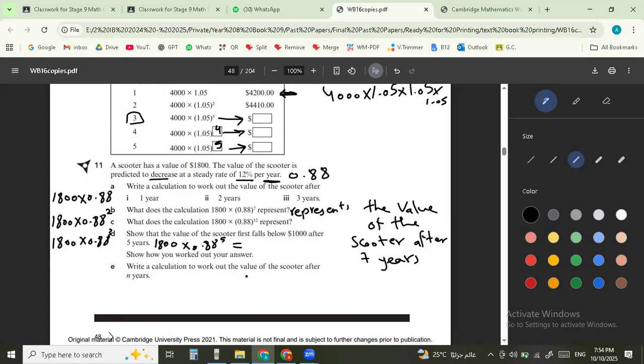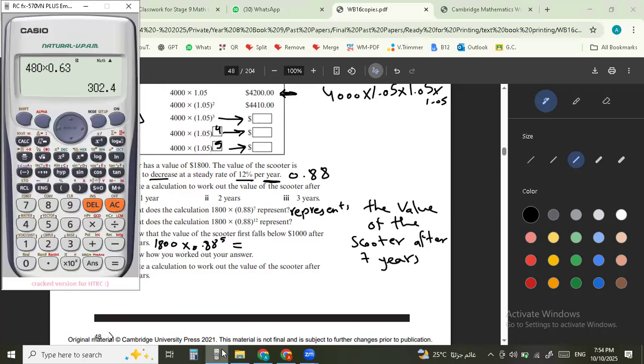Let's do it on the calculator. 1,800 times 0.88 to the power of 5 equals 949.9.